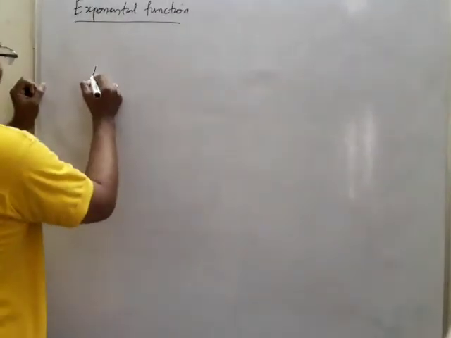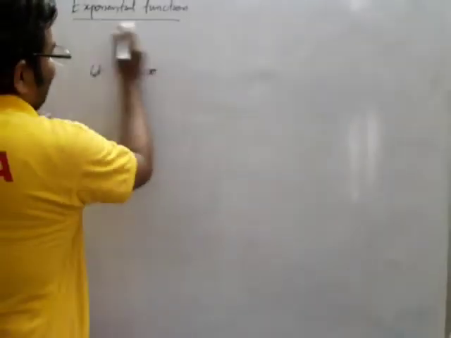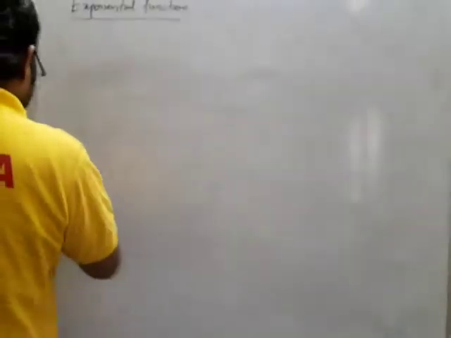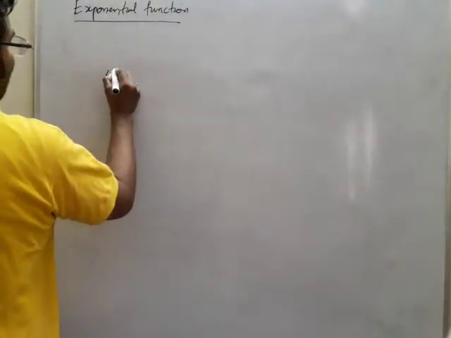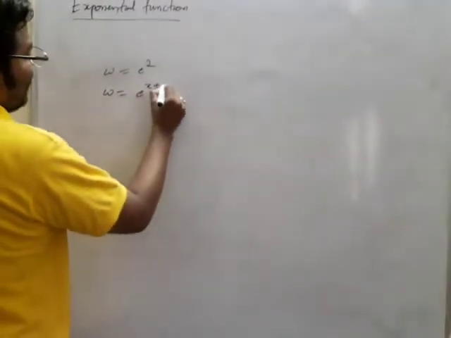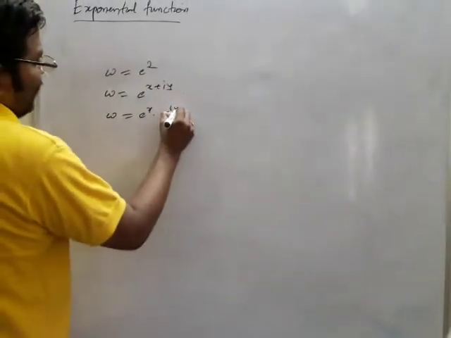Now how to find this one? Let us suppose w = e^z. w = e^(x+iy). Therefore w = e^x into e^(iy).